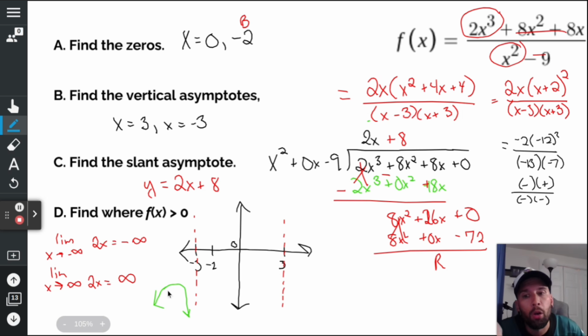So since there's no multiplicity, this reappears up here. At negative 2, I bounce off. So I'm going to go to negative 2 and bounce, and come back up. At 0, I go through, and then I'm going to go downward.